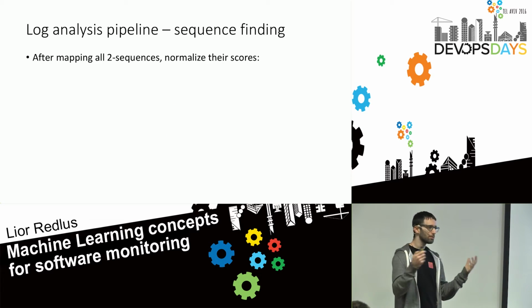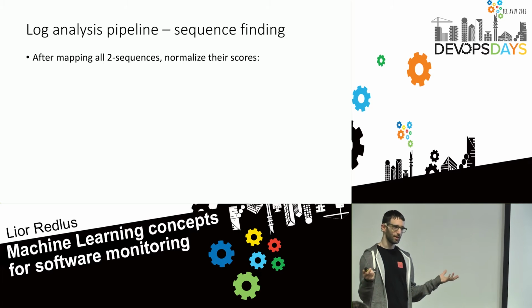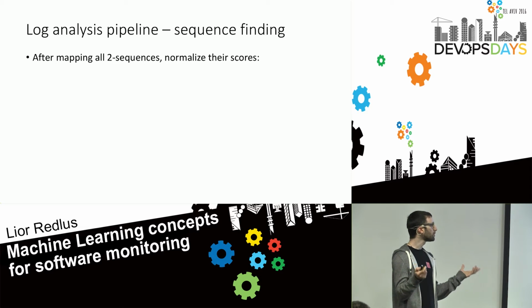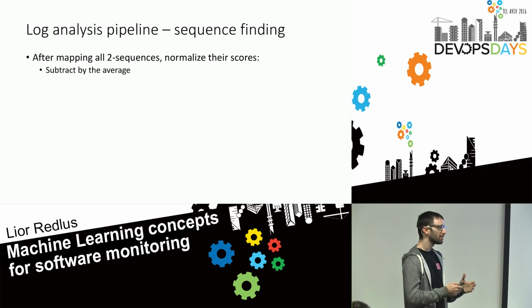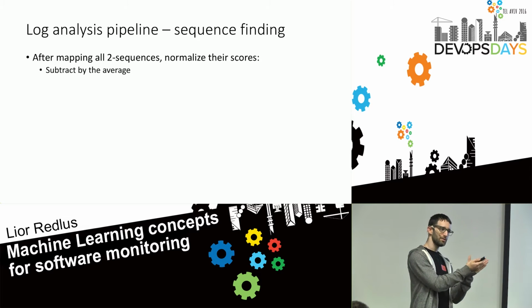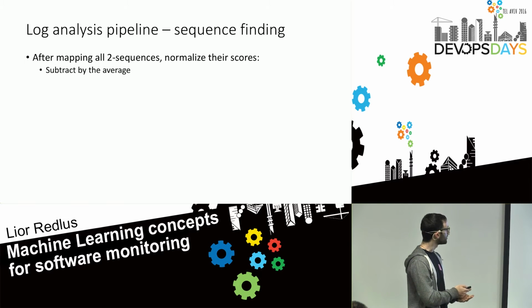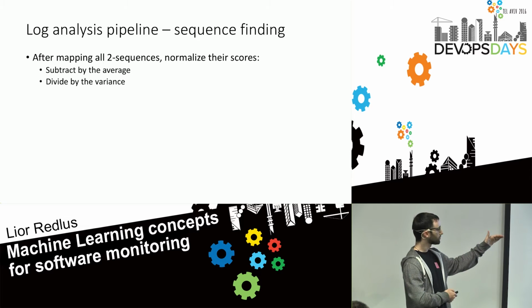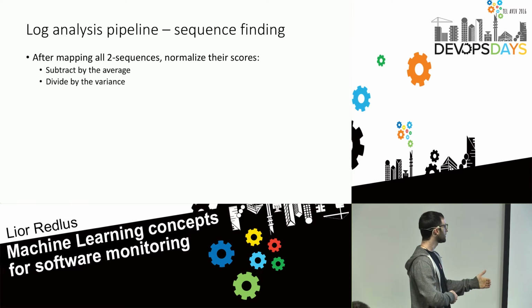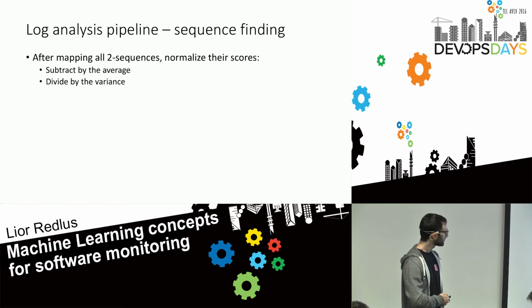After mapping all the possible 2 sequences that we have in our system, we need to normalize their scores, which means that if we found L1 and L2 1,000 times, and other sequences have been found several times but much lower, we'll subtract the average of these occurrences and divide by the variance.